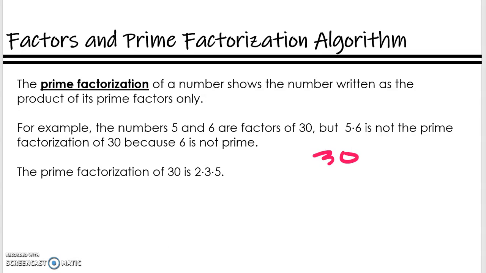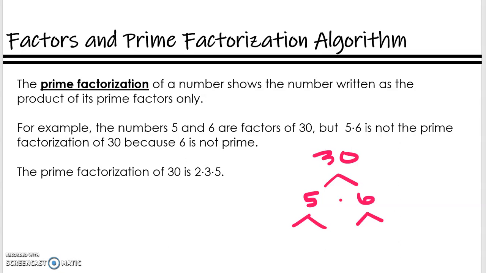So if I'm thinking of 30, you can do this in any pairs you want, but for this example, I know that 5 times 6 is 30. This means multiplication, by the way. This is 30 being factored, but it's not the prime factorization because you can continue to factor your 6. You can't factor out 5 anymore.